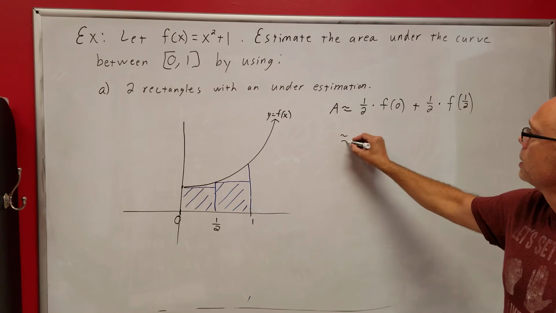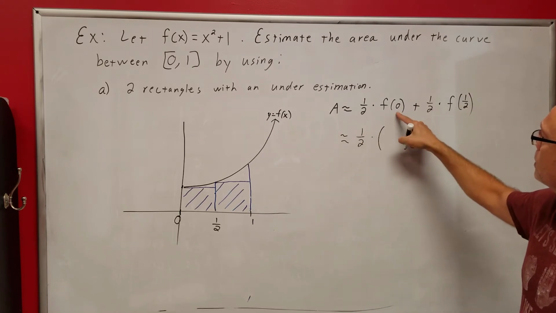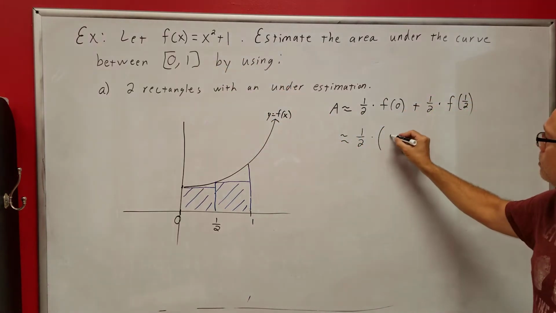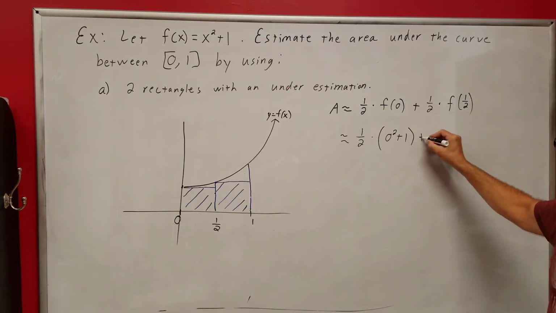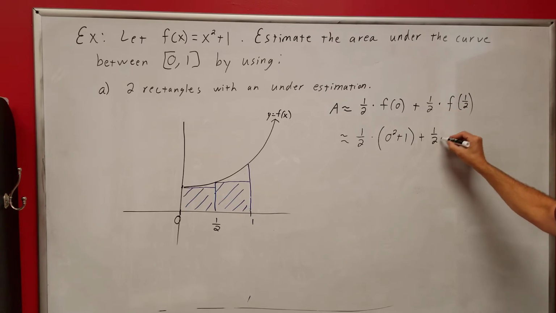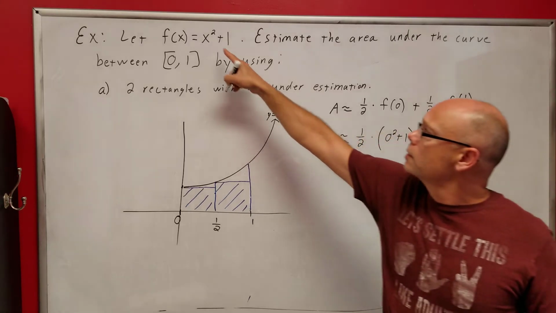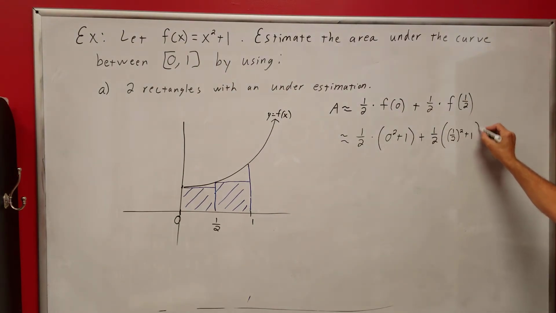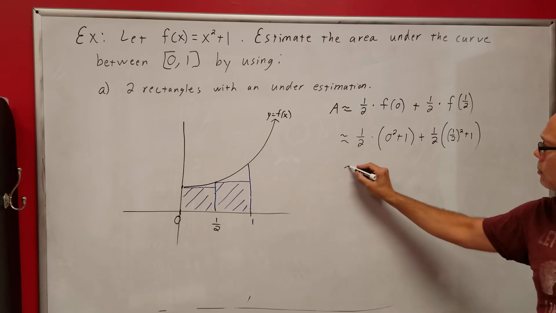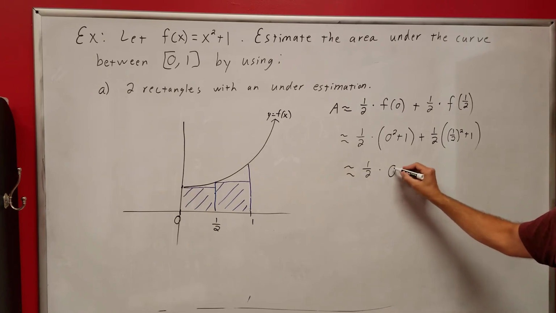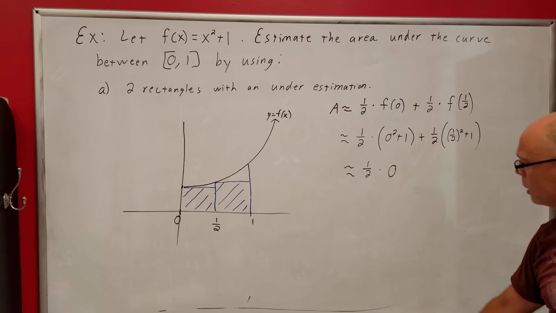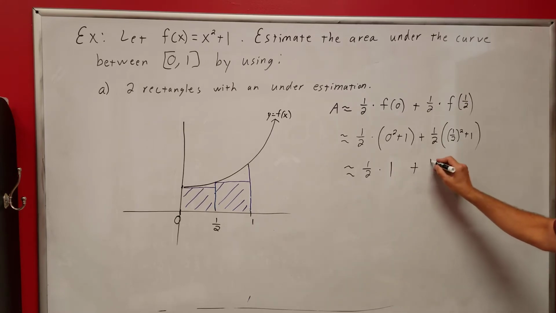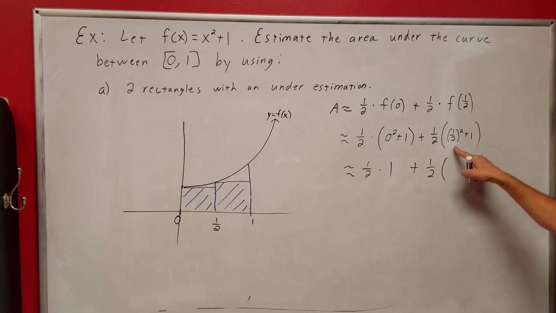All right, so let's see what this gives us. This gives us 1/2 times f evaluated at 0, so 0 squared plus 1, plus this 1/2 times f evaluated at 1/2, so that's 1/2 squared plus 1. So that's 1/2 times 1, I can't do math, plus 1/2 times, isn't this a fourth?